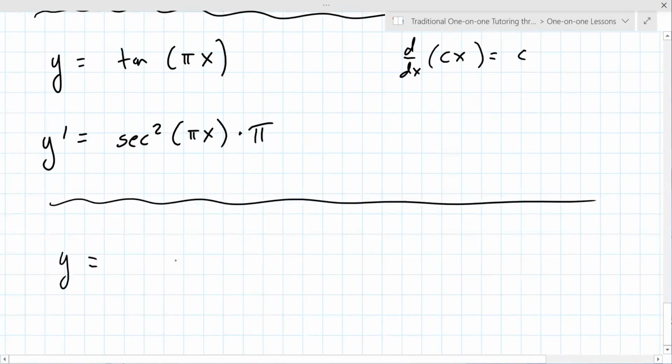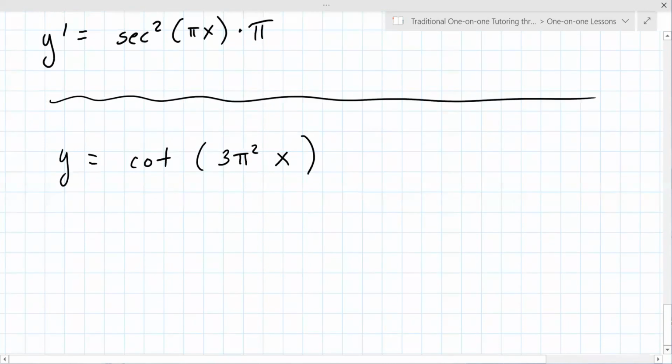See if you got that sheet out. Derivative of cotangent of 3 pi squared x. Give me the derivative of this one, please. All right. Take a minute here if you need to look it up and make sure you get that chain rule down.